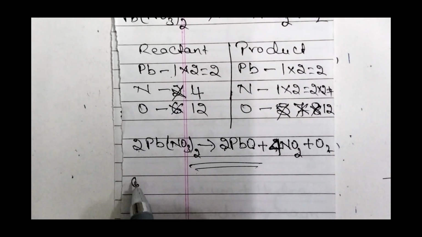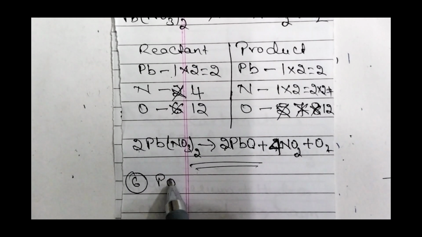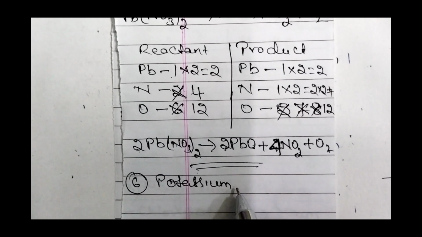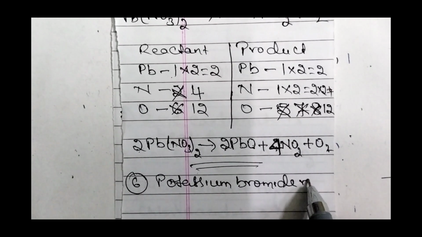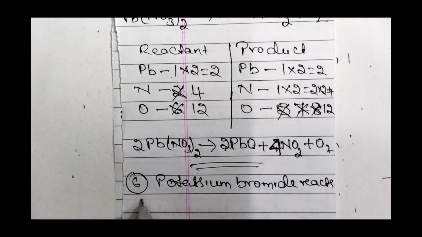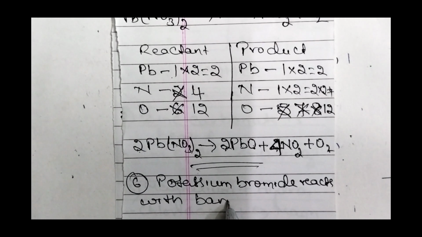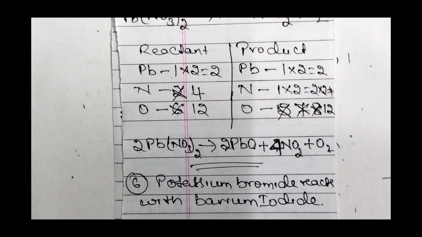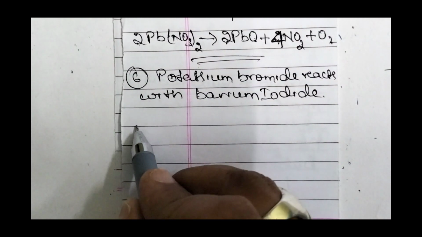Now let us move to the 6th question, that is, what happens when potassium bromide reacts with barium iodide. Let us write the skeletal equation first.